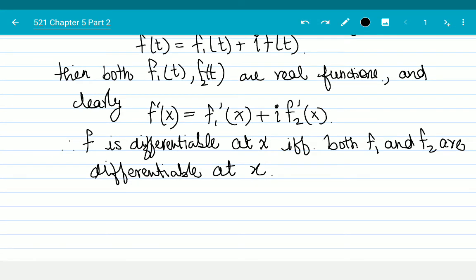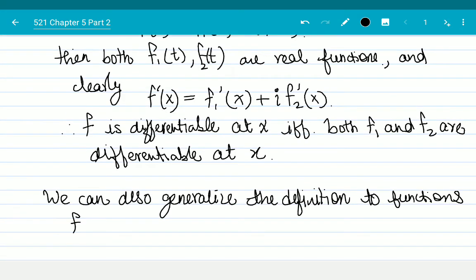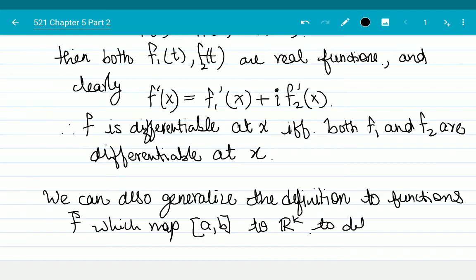We can also generalize the definition to vector valued functions f bar, which map a,b to R^k, to define f prime of x.